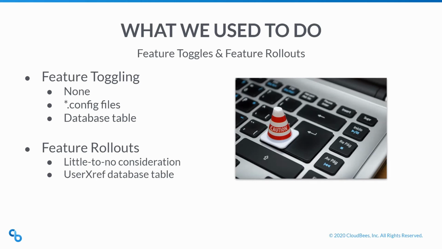But when we did consider having toggles, we did it usually one of two ways. We had config files, of course, and with 3,000 people using a particular application that is installed on their machine, if you need to make an update to that config file, updating 3,000 config files manually was obviously not an option, but even through scripting can take some time, especially when you're spread throughout the world.